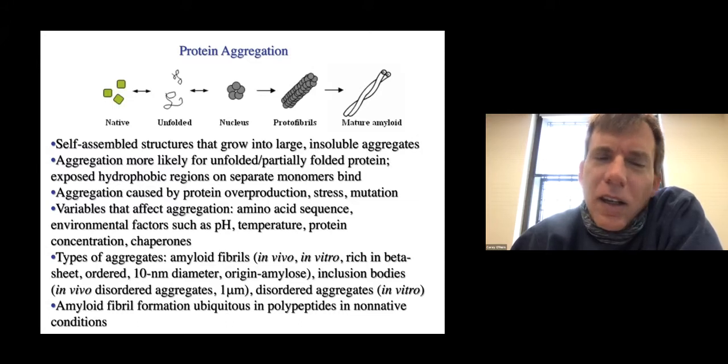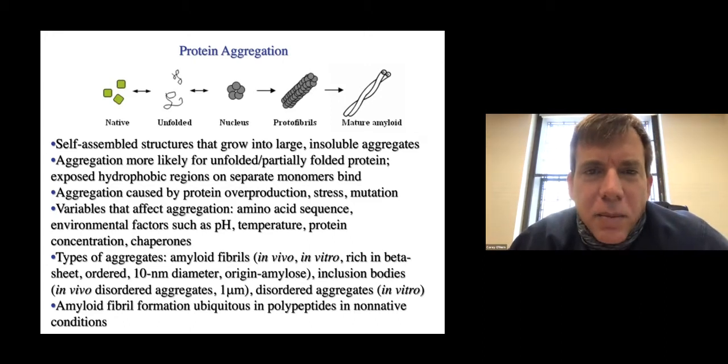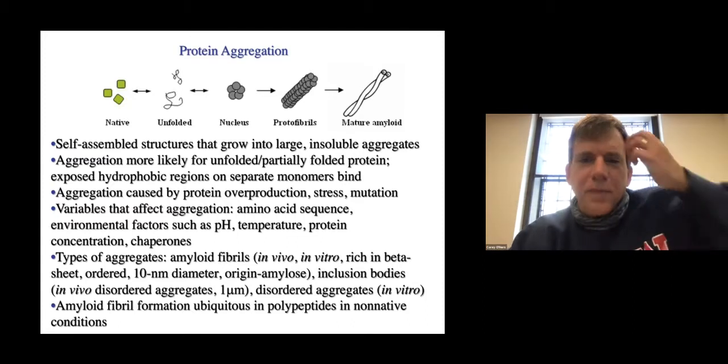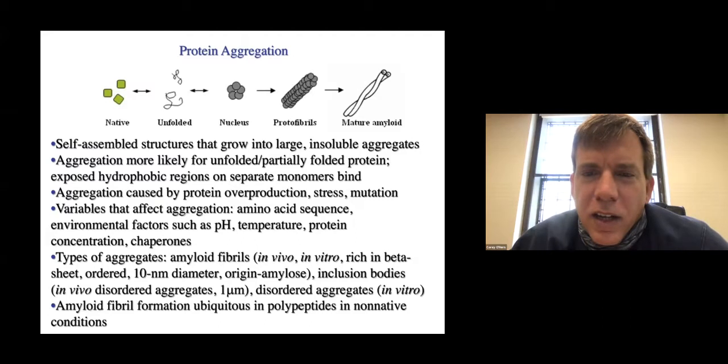Then hydrophobic residues are not buried into the cores of proteins, and those unburied hydrophobic residues on different proteins can bind together effectively and form a nucleus of an aggregate, which can then continue aggregating to form a protostructure.